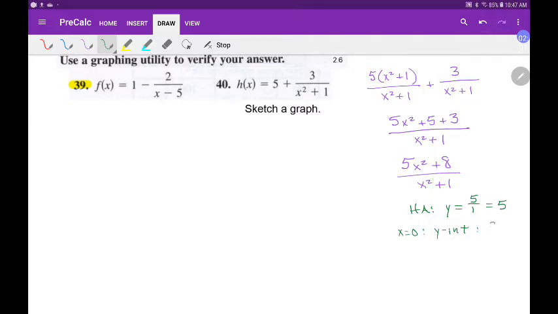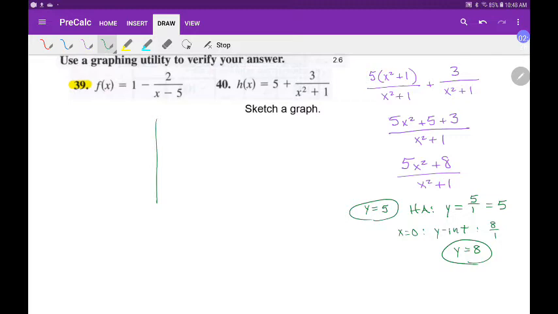And I just get 8 over 1, or y is equal to 8. That's the other piece. So I have a horizontal asymptote, maybe I should write that as y equals 5. And I have a y-intercept of 8. And that's all I know.